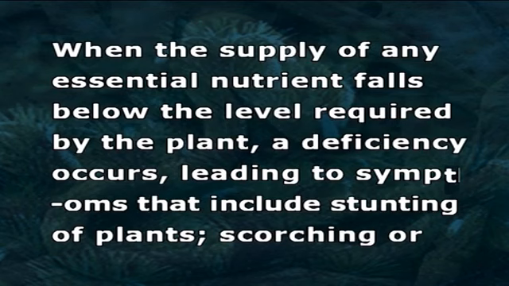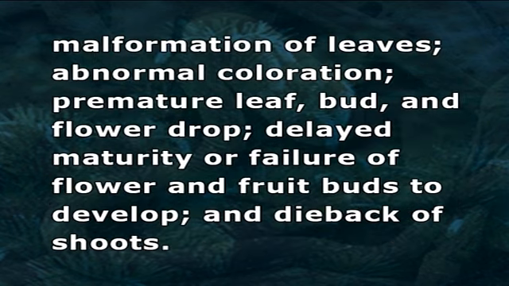When the supply of any essential nutrient falls below the level required by the plant, a deficiency occurs, leading to symptoms that include stunting of plants, scorching or malformation of leaves, abnormal coloration, premature leaf, bud and flower drop. Even delayed maturity or failure of flower or fruit buds to develop and dieback of shoots can be seen.